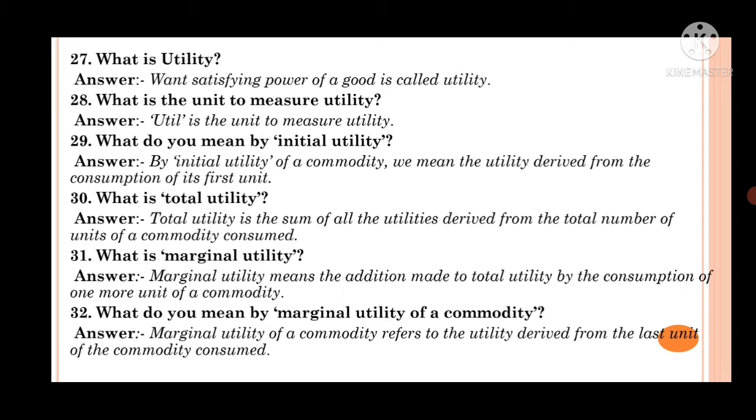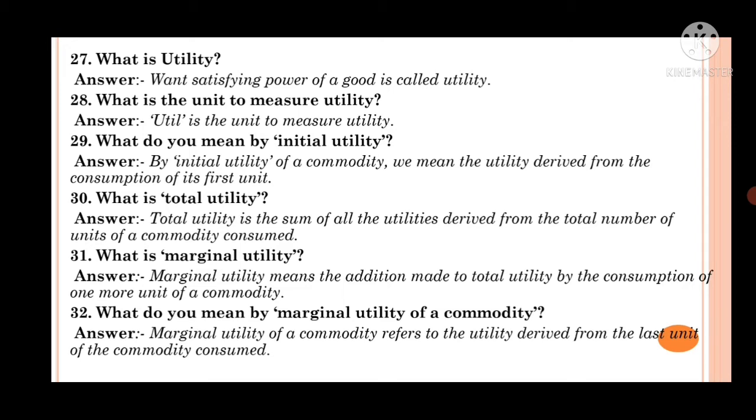So just remember it. When anybody asks you, what do you mean by marginal utility of a commodity, you have to say that the utility derived from the last unit of the commodity consumed is known as marginal utility of the commodity. But what is marginal utility? Simply when somebody asks you what is marginal utility, then you will say that it is the additional utility gained from an additional unit of a commodity consumed, right?